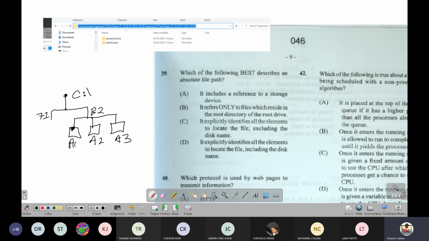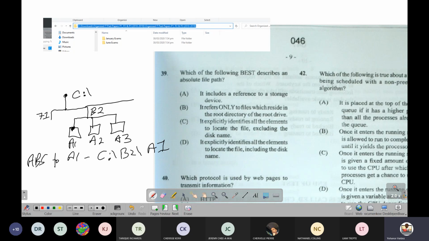An absolute path to A1 is going to be C colon backslash B2 backslash A1, or A2, or whichever file. But if I wanted to get a path relative, right?